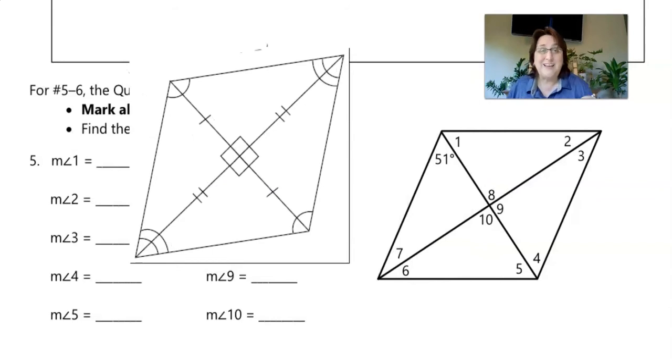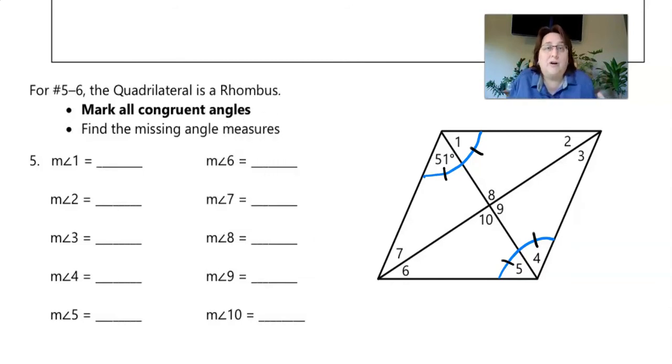So remember, we just said that opposite angles have to be congruent. So that means that this whole angle is going to be congruent to this whole angle. But in a rhombus, the diagonals bisect the opposite angles. So that means that angles 1, 5, and 4 and the 51 degrees are all congruent. They're all the same. So if that's the case, then what is the measurement of angles 1, 4, and 5?